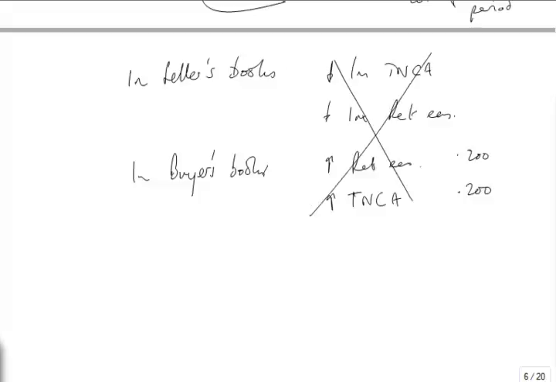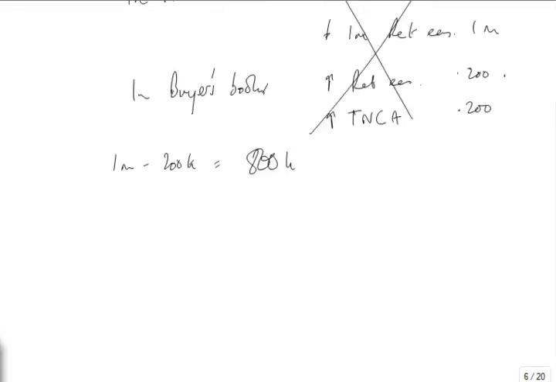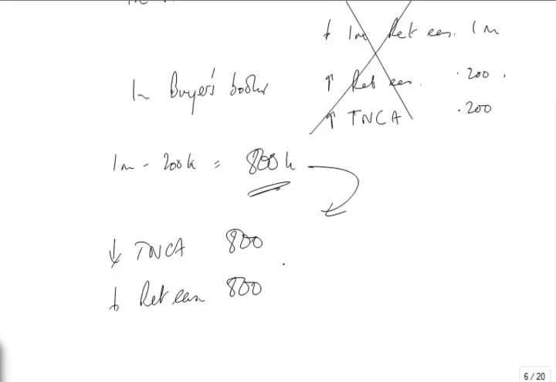With effect from just recently, it's just the net adjustment, which is 1 million decrease and 200 increase. The net adjustment of 800,000 is the adjustment to make, and the adjustment is to reduce TNCA by 800 and reduce retained earnings by 800 in the seller's records.